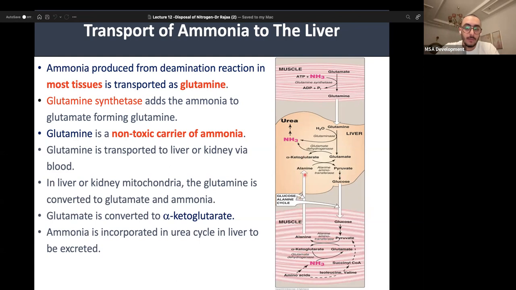Alanine will go to the liver, and go through aminotransferase again. Transamination will happen twice. Alanine goes to the liver, and transamination again forms glutamate. Now we have glutamate twice here. All of the glutamate will go through oxidative deamination to form ammonia.